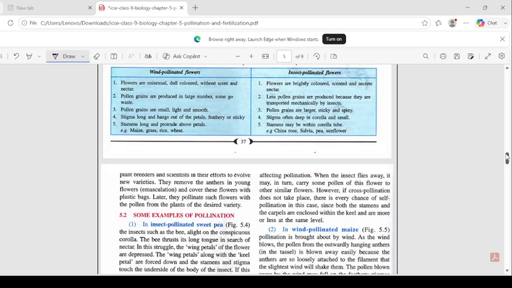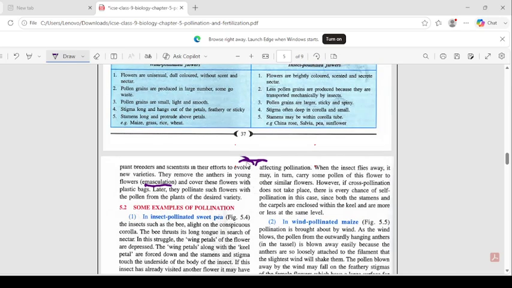Although they have not given much in your book, one word is given, emasculation. The process of removal of anther manually is called emasculation. Suppose this is the flower. This is the sepal. You will be having sepals and petals in this way.